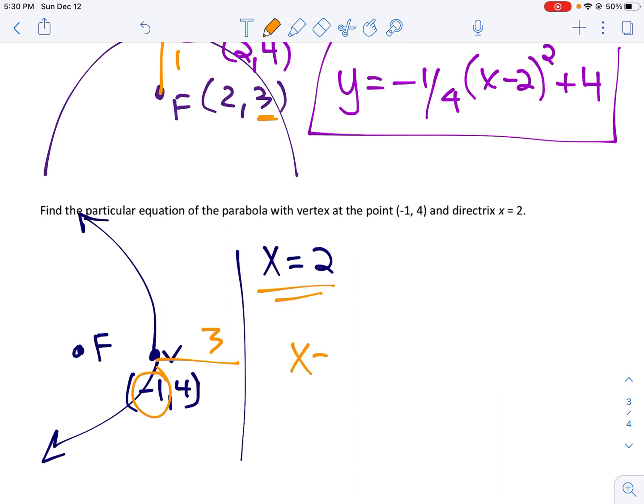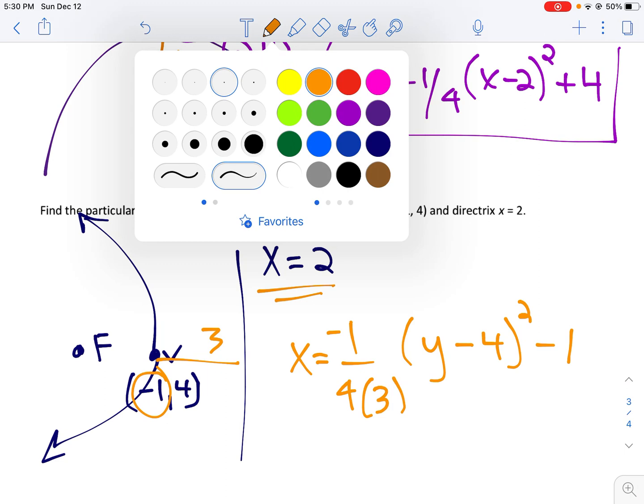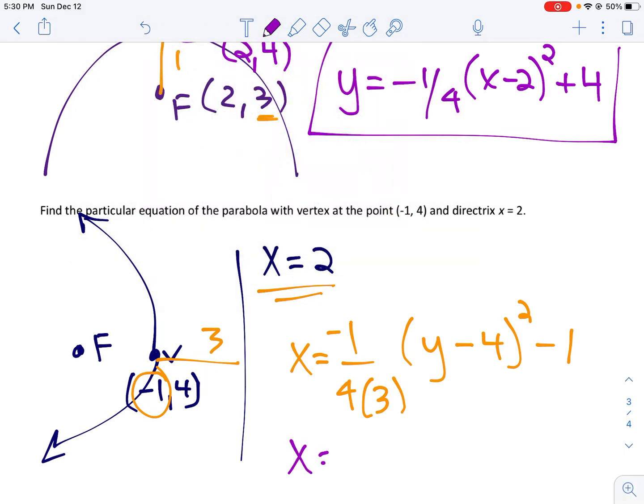So I've got x equals 1 over 4 times 3, and I'm facing to the left, so this is going to be negative. Y minus my y coordinate, which is 4, squared minus 1. Just going to clean this up a little bit. X equals -1/12, y minus 4 squared minus 1. So that's how we can use this focus and directrix to find the equation of a parabola.